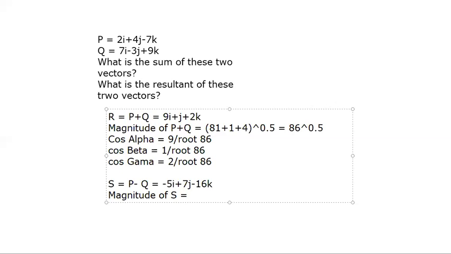Everybody find out the direction and magnitude of S: cos alpha, cos beta, cos gamma. And then find out Q minus P, instead of P minus Q.